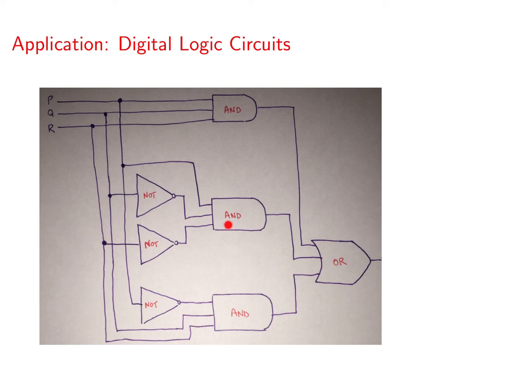This and is going to give us p and not q and not r. And then down here for this and, that'll be not p and q and r. And then we take all three of those ands, and then we or them together to get our final result.